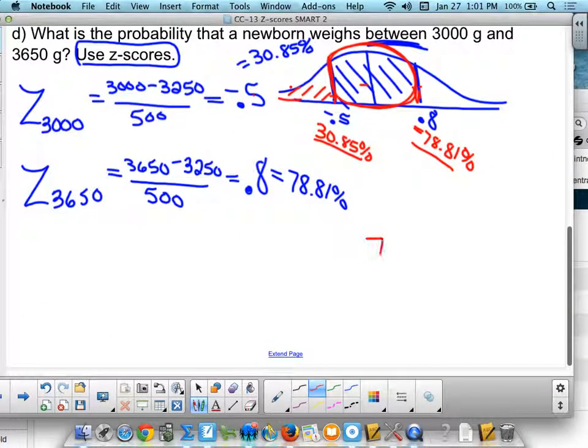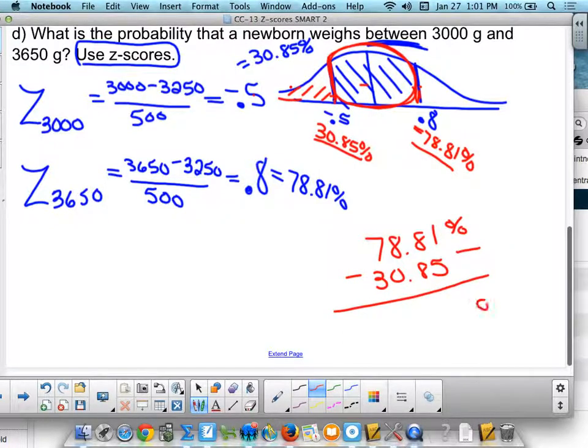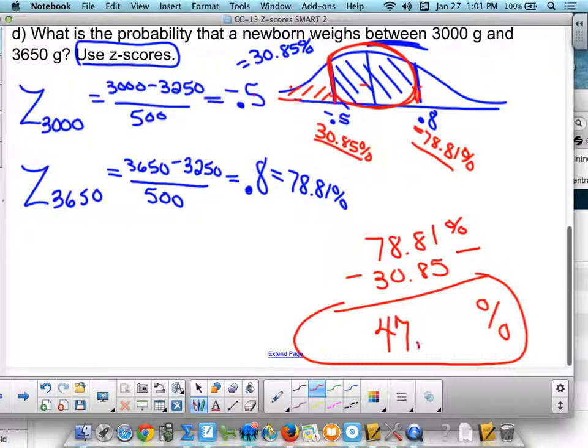Okay, I don't know, you probably already did it. 7881 minus 3085 gives you what percent? 4796. 4796 is correct. So what's the chance you find a baby between 3,000 and 3,650?